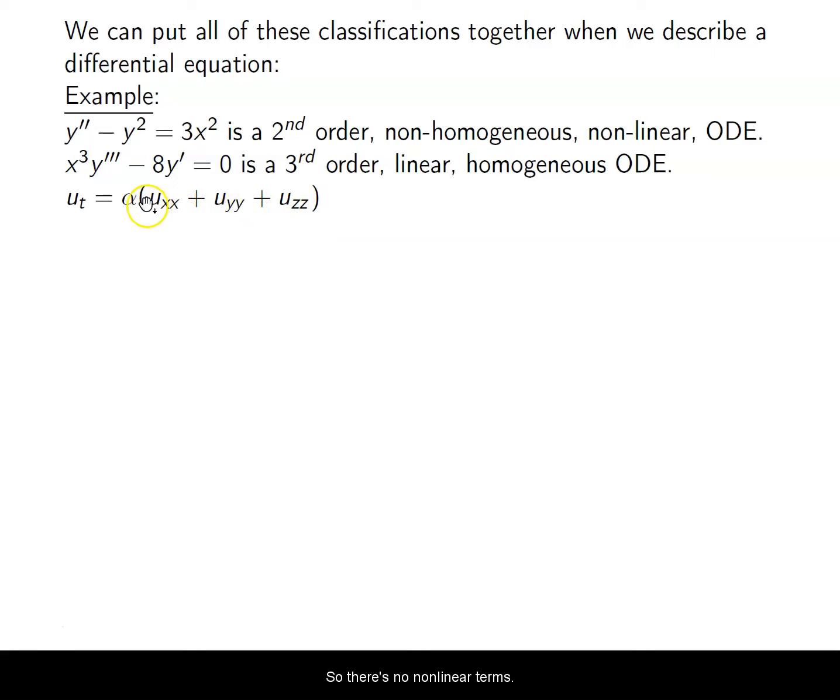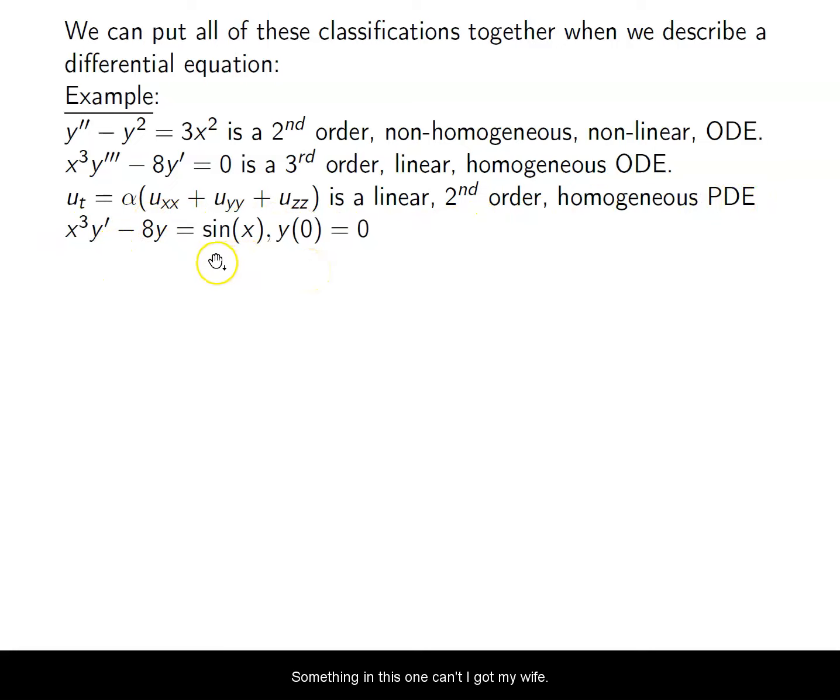So there are no nonlinear terms here, okay? And everything has second derivatives, right? I differentiate this twice in terms of x, twice in terms of y, twice in terms of z. So it's linear, second order. If I put all the u stuff on one side, I'd be left with 0 over here. So it's homogeneous and it's a PDE.